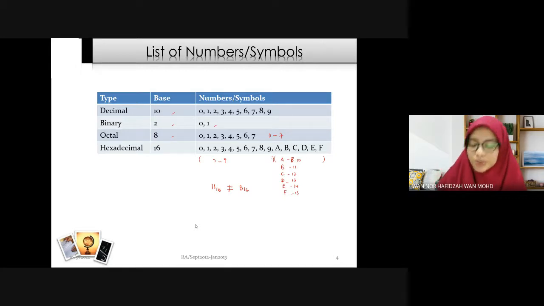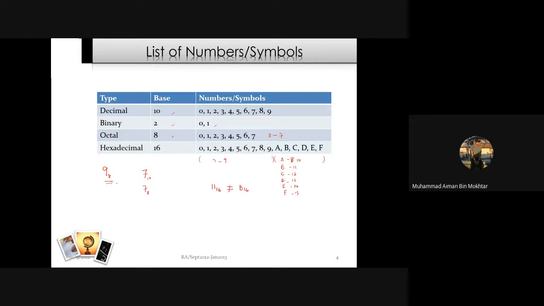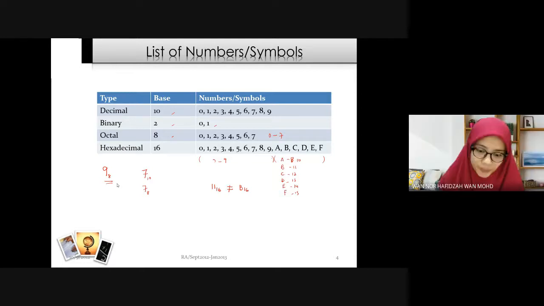So this is how we write the base. For example, we have 7 base 10, 7 base 8. What if I have 9 base 8? Correct or not? Wrong, madam. Why? Because it exceeds the range of numbers.